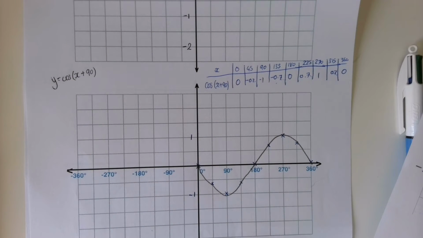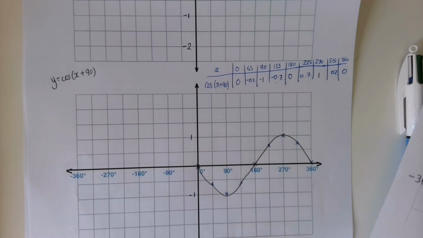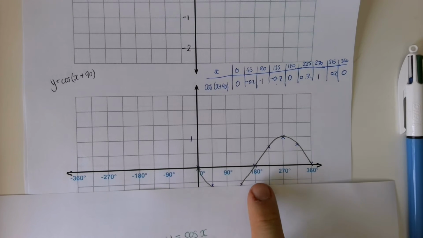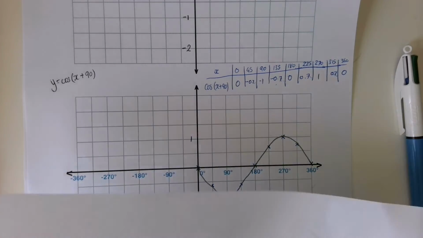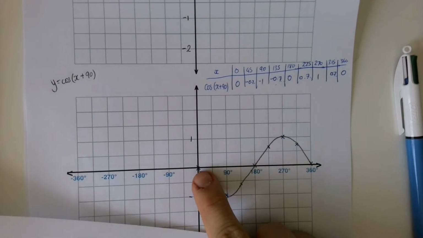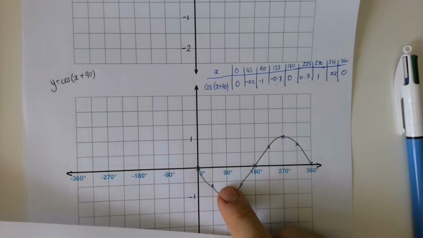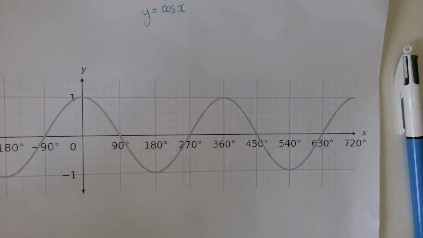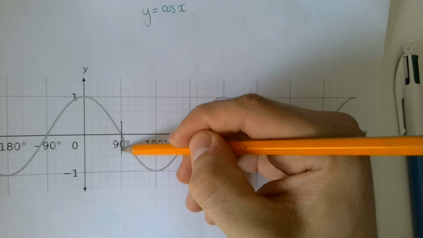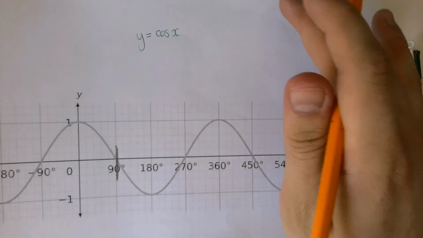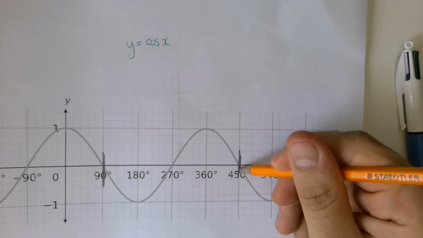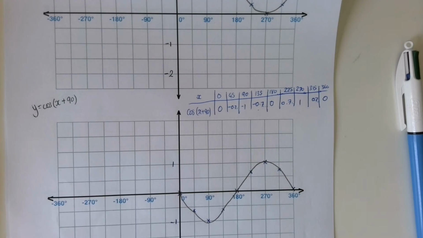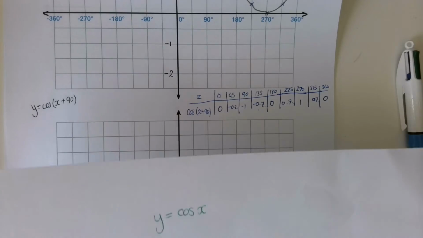So let's try and see if I can see this pattern anywhere on my cos x graph. So starting at 0, dropping down, and then ending back up. Well, if I look at this snapshot here to here, that's a bit of a graph I've just drawn.